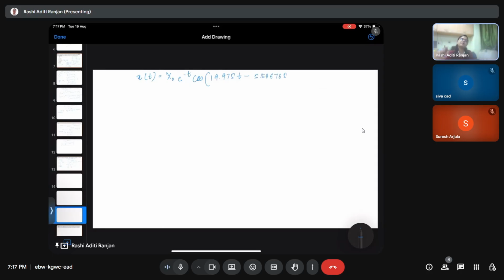This is in degrees, but we need to change it in radian. So what we can do is we can just multiply it by pi by 180.